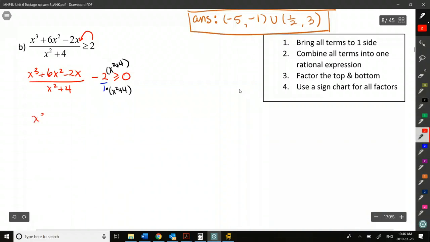And what we have here is, now we have a common denominator where we have this expression. And I'm actually going to bring this 2 into the expression here. So it'll be 2x squared plus 8.